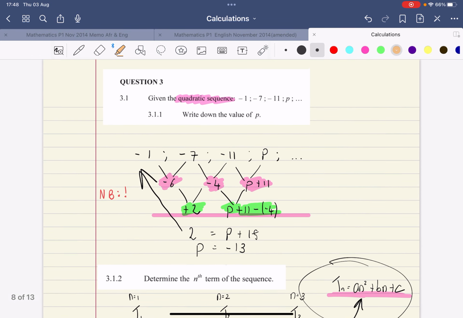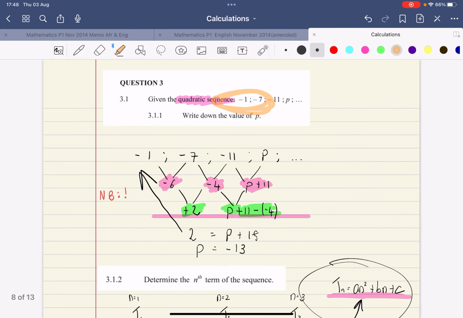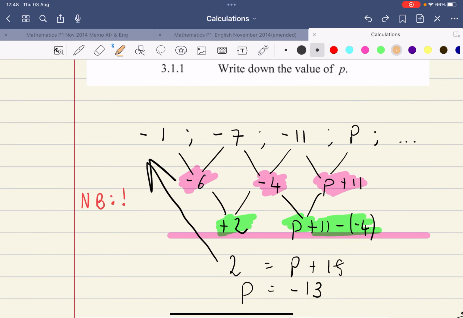If, for example, they hadn't given us many terms to work with, remember, if you find the first difference and the second iteration's constant difference, you can always work backwards. Look here, you can work backwards over here. If this was a constant difference of plus 2, what would this term have had to have been, when plus 2, to get minus 6?